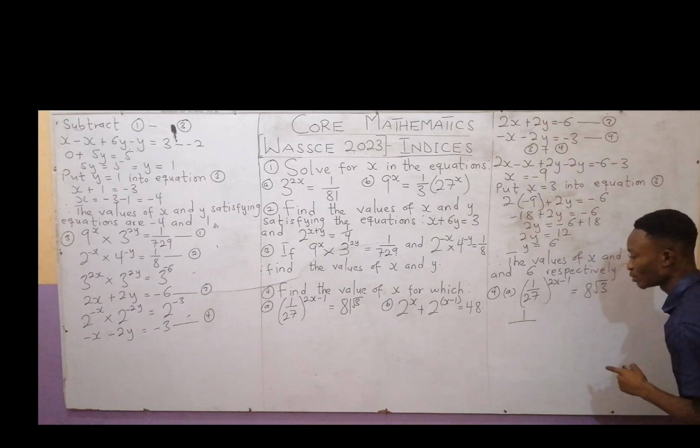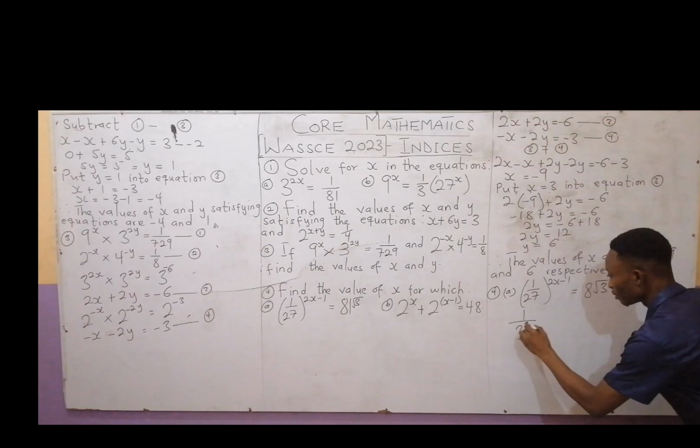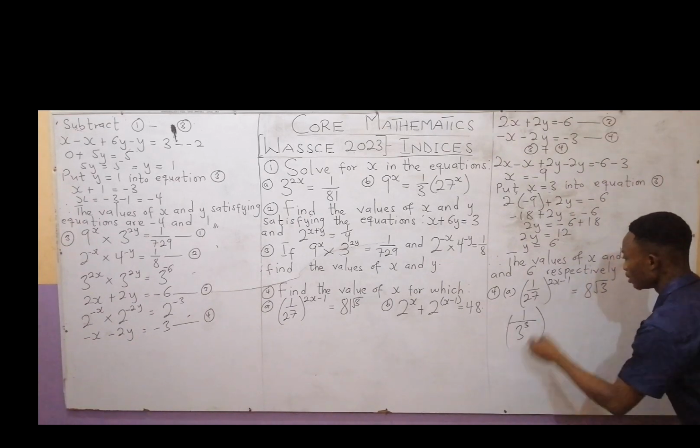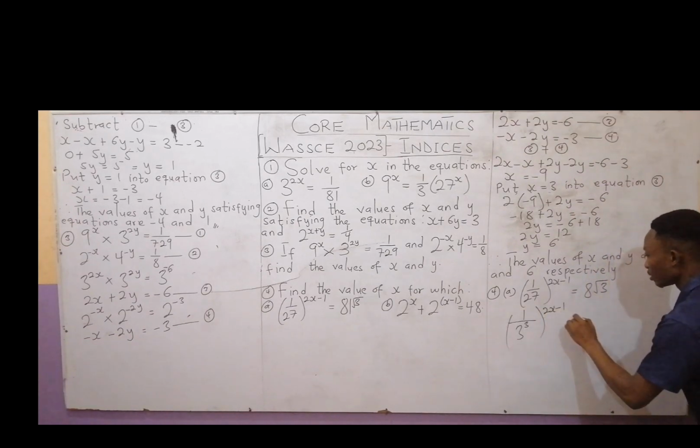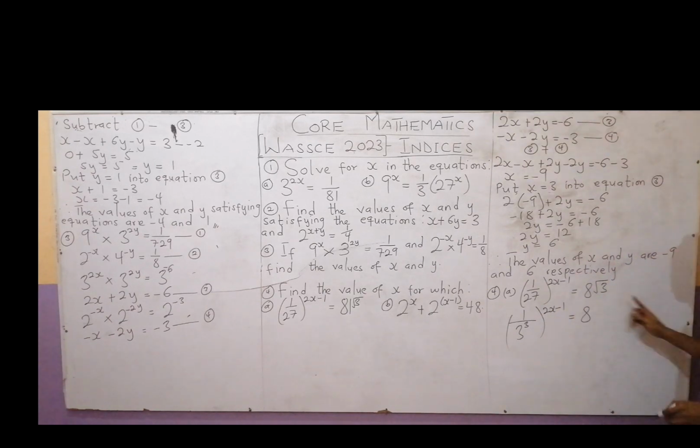So let's change the 3 into exponential. We get 3 raised to the power 3, raised to the power 2x minus 1. Then in indices, whenever you have a root of 3, the root simply means half. Yes, square root is half. Indices also say that the root of any number given to you is a fraction, where the denominator bears the root.